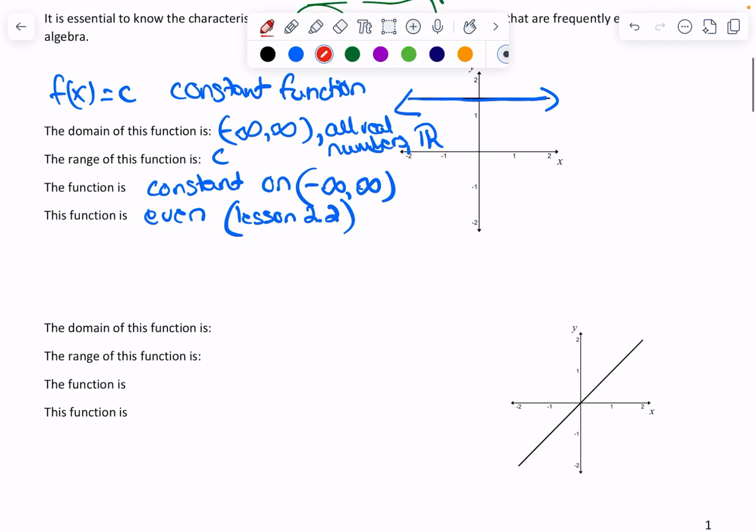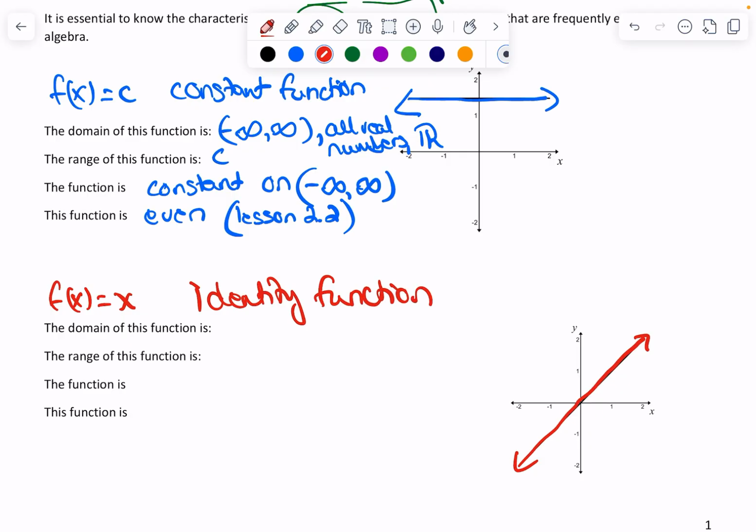Okay, next function. The graph is right here. And that one is f of x equals x, which is the identity function. Now, if we look at the domain, the x values keep going and going to both sides, so it is negative infinity to infinity.